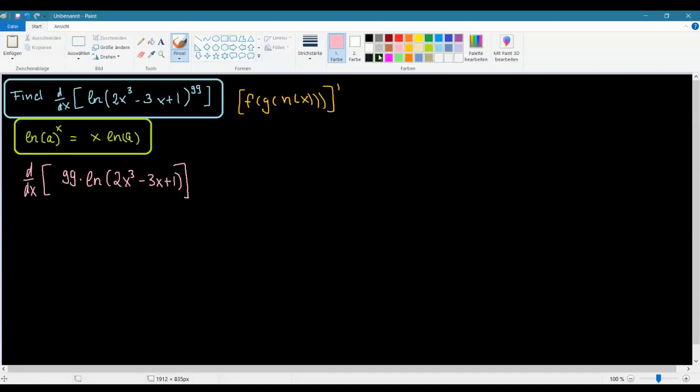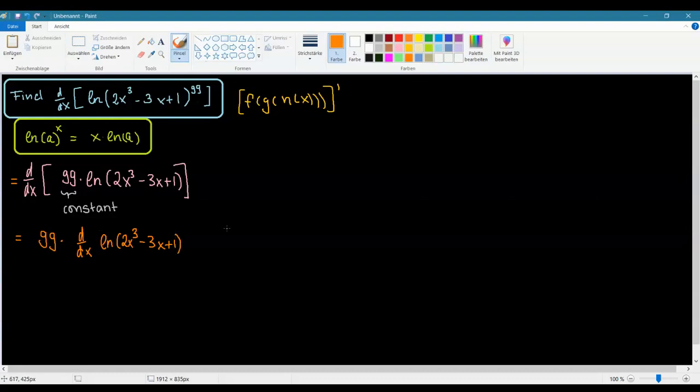And because 99 is a constant, we can use the rule that you can pull a constant outside of the derivative you're applying, and we can just pull that 99 outside of the d by dx. That equals 99 times d by dx of ln of 2x cubed minus 3x plus 1.